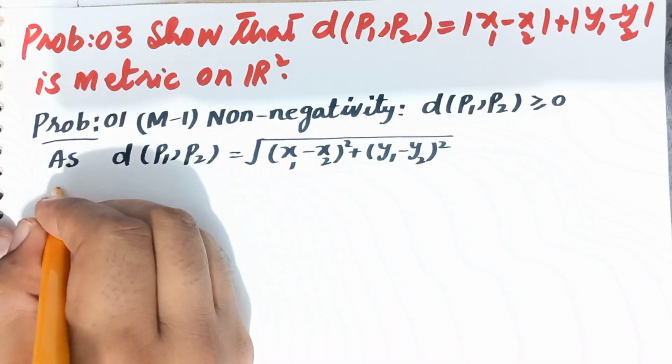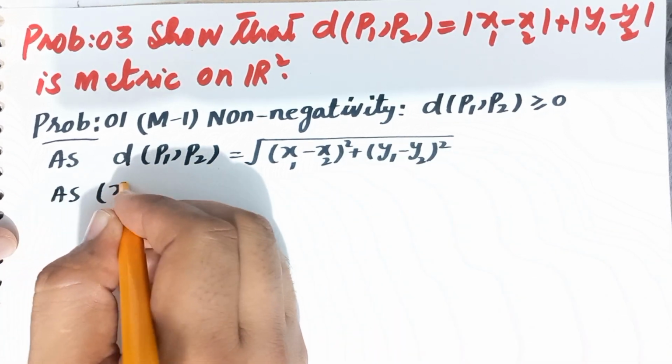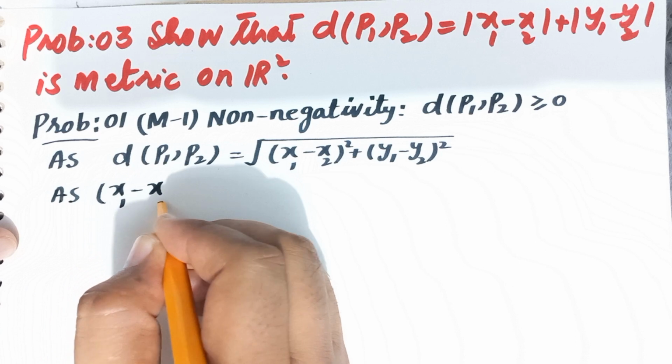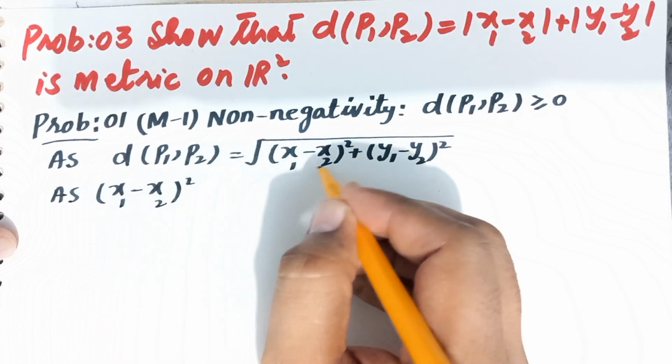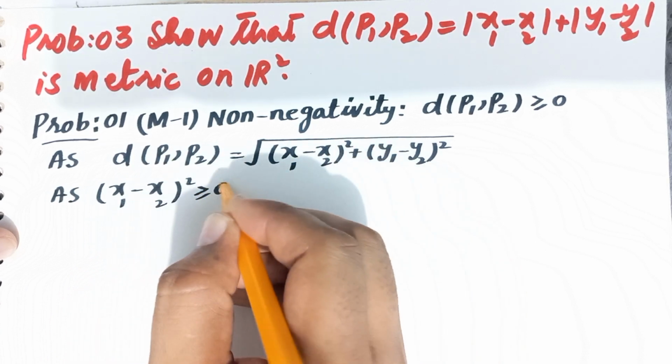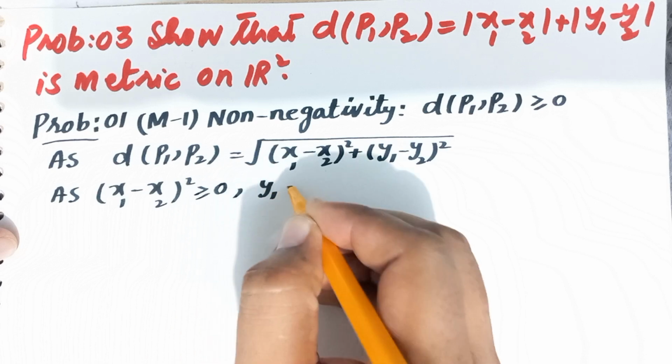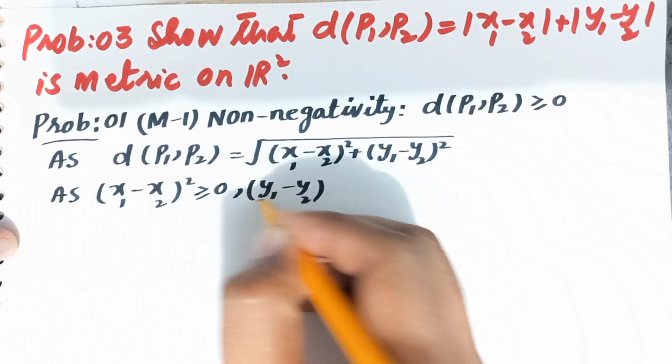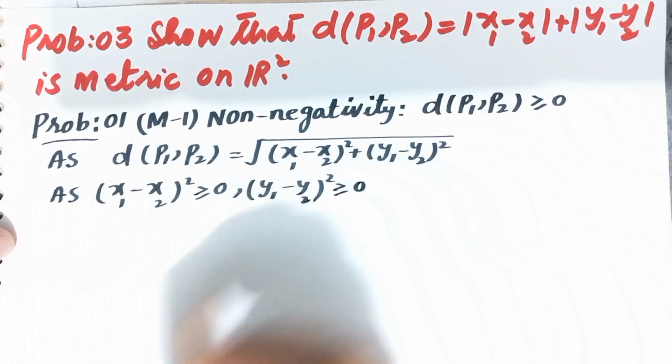As you know, each of the numbers in the square root, (x1 minus x2) whole square, is greater than or equal to 0. Similarly, (y1 minus y2) whole square is also greater than or equal to 0.